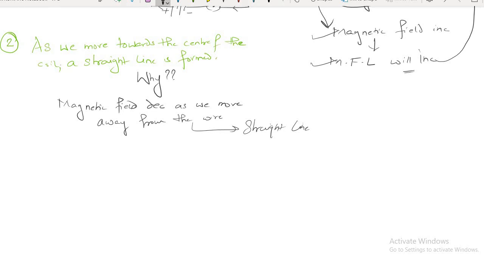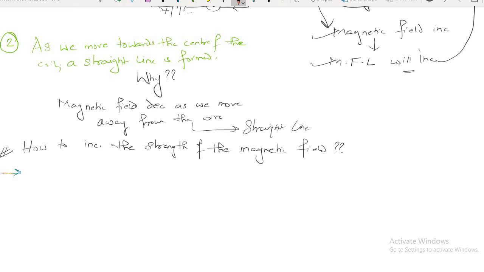Let me tell you how to increase the strength of the magnetic field. This is a question. Very important question: how to increase the strength of the magnetic field. So what will be the answer to this?